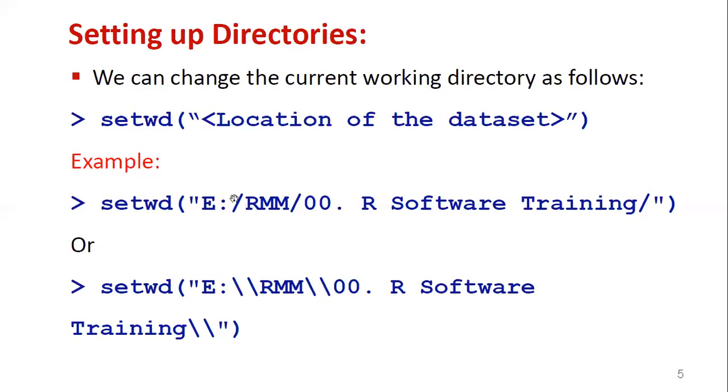So here you can use, within double quotes, the drive name, colon, and a forward slash. This complete path you need to copy and paste here. Or the same thing you can use with a backward slash, double. If it is a single slash, you can use only forward. So with the same path name, you can set it like this.